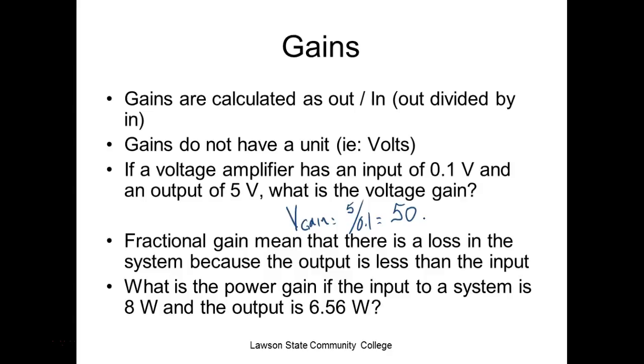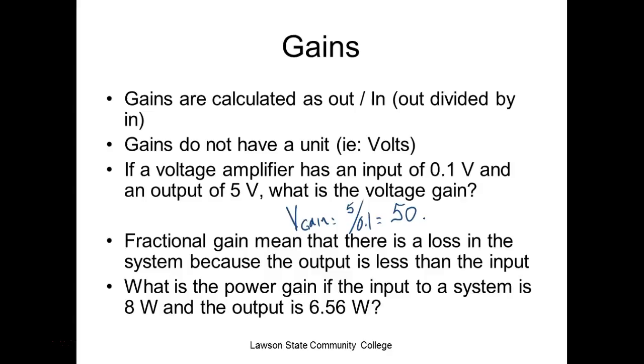So if I understand the gain of a system, say this amplifier's got a gain of 50, not 50 volts, a gain of 50, that means if I put 2 millivolts in, I'm going to get 100 millivolts out, right? If I put 20 millivolts in, I'd get 1000 millivolts out.